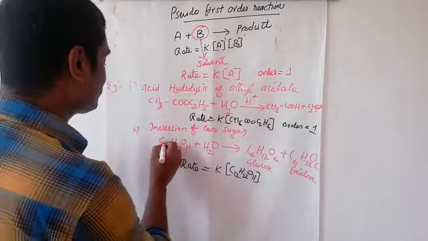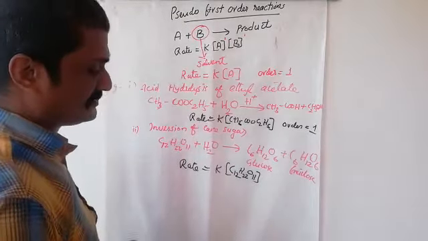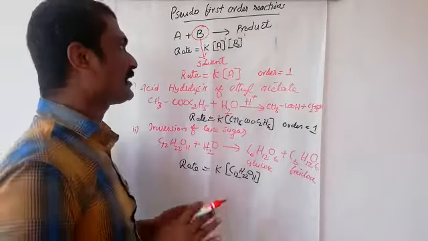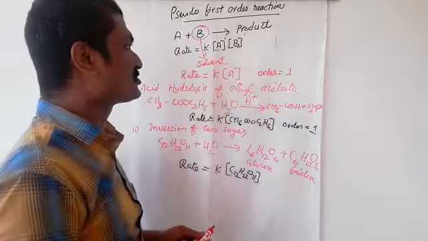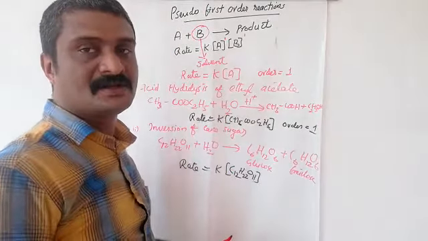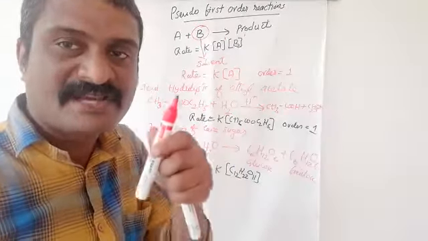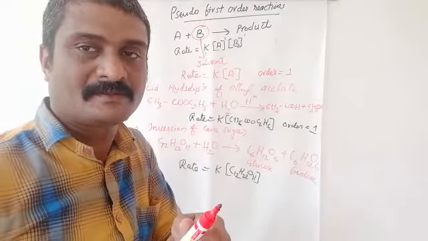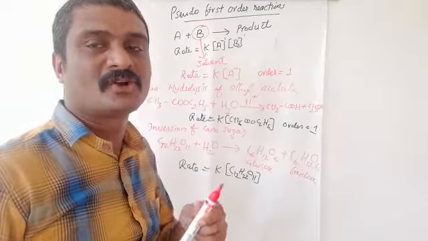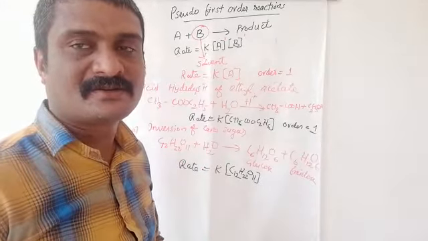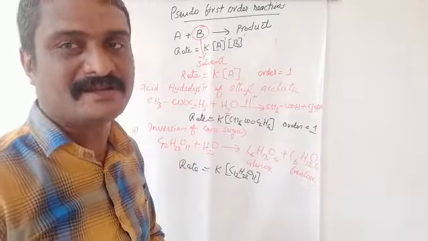From these two examples, again, we can define the pseudo first order reactions. Pseudo first order reactions are those reactions which appear to be second order, but actually follow first order kinetics.